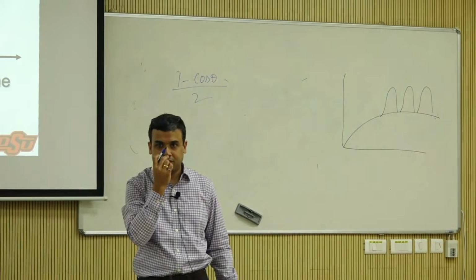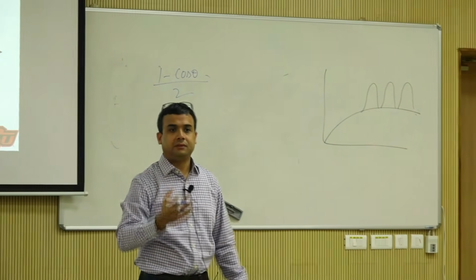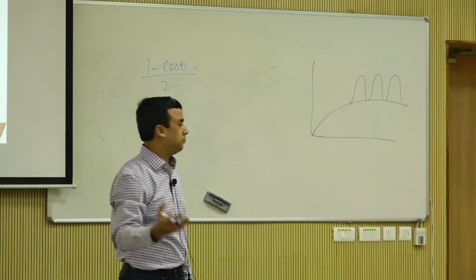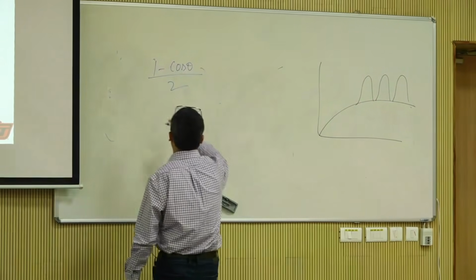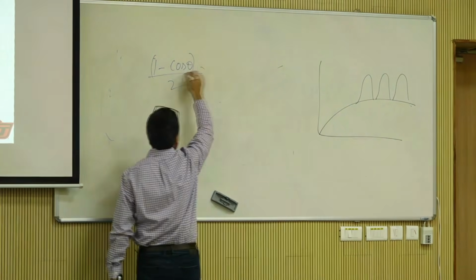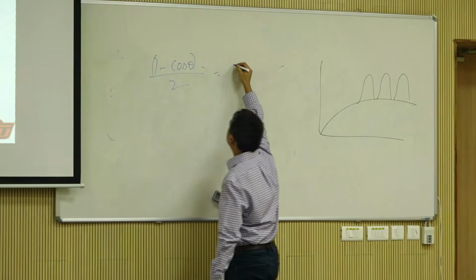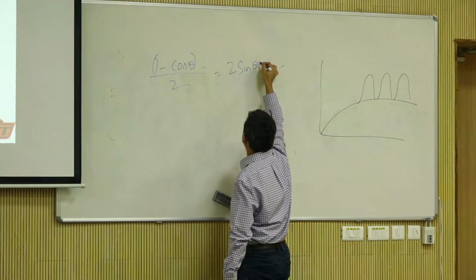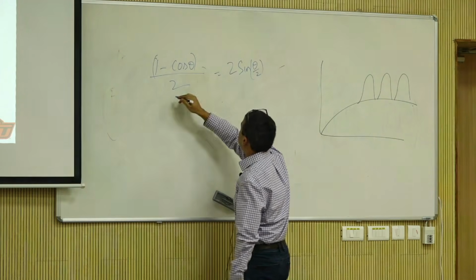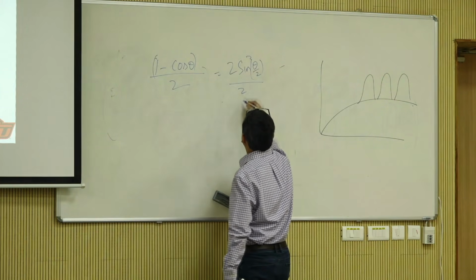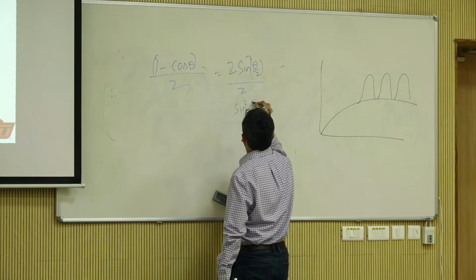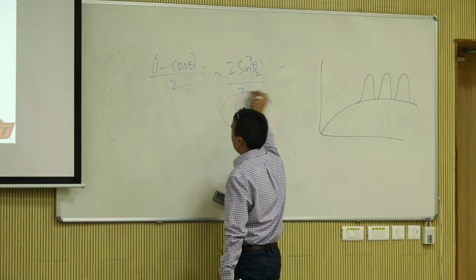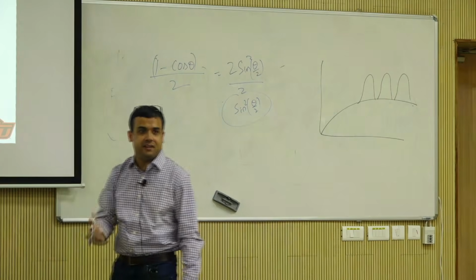And those of you who are good at trigonometry, if you still remember, what is 1 minus cosine theta? Yes, 2 sine square theta over 2, and now you're dividing it by 2, so it's basically sine square theta over 2 that is your haversine.